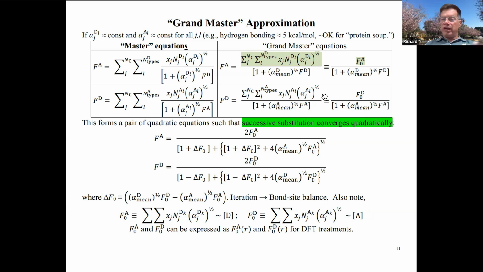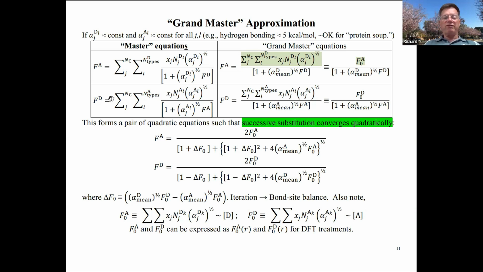And the FD naught is the similar quantity with A's in it. So this way we've defined some alpha A mean and alpha D mean. When we rearrange that equation, because the FA here I can solve for and substitute in, I get a quadratic equation, and then I get an exact solution for FA and FD. That gives us an iteration scheme for guessing alpha A mean and alpha D mean, and iterating on those.